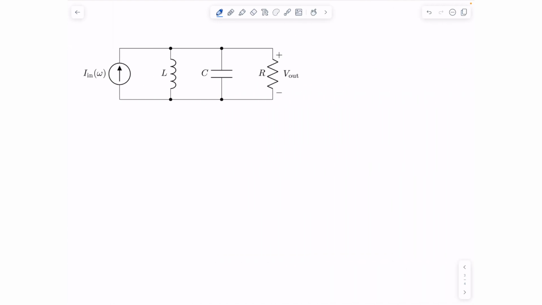Let's put aside the resonant concept and look at the circuit in general. What if I ask you to find the inductor and capacitor current? You would immediately tell me that the inductor current is V out over j omega L, and capacitor current is V out over 1 over j omega C. Or it can be rewritten like that.